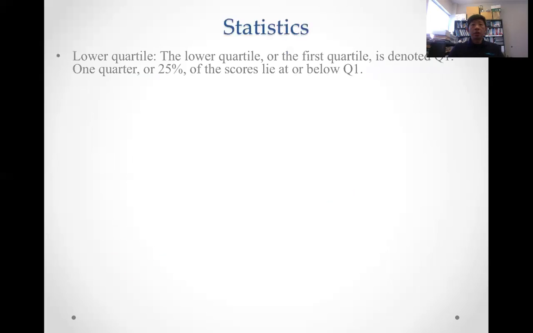The next term we're going to talk about is the lower quartile. The lower quartile is the first quartile, Q1, where 25% of the scores lie below Q1, okay?